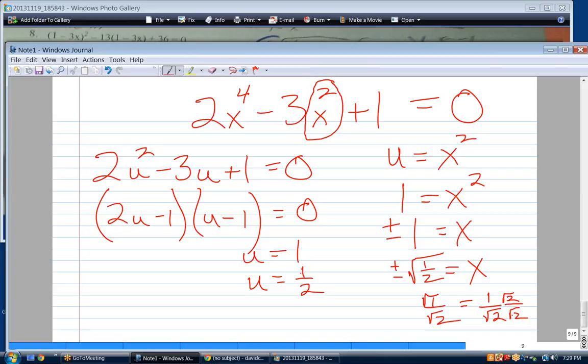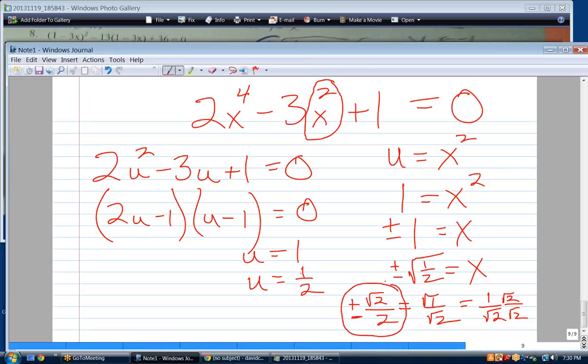In other words, we can't multiply just the bottom by square root of 2. That would be changing the value of the number. But we can multiply any fraction by the number 1. So our number 1 is square root of 2 over square root of 2. What does that give you as an answer? Square root of 2 over square root of 4, which is 2 on the denominator.